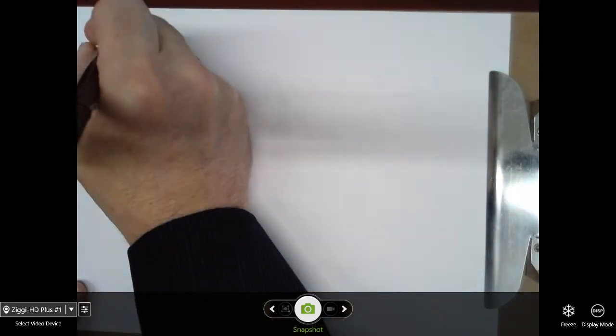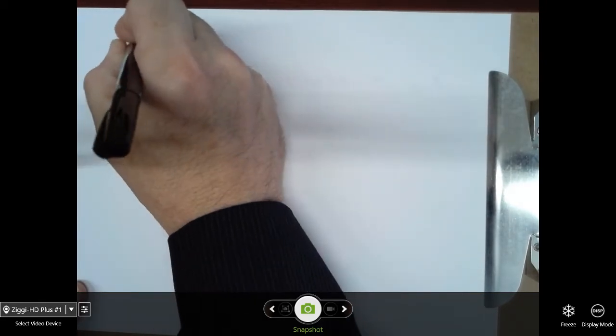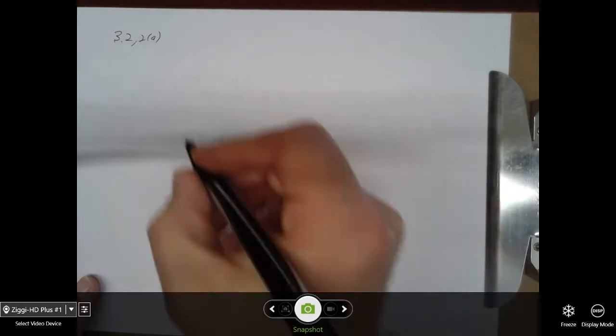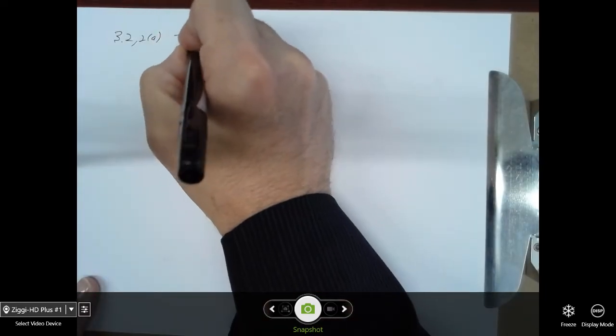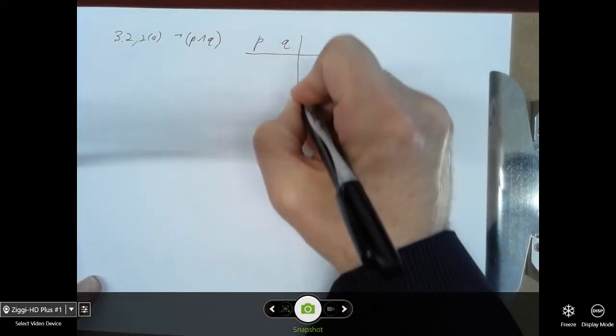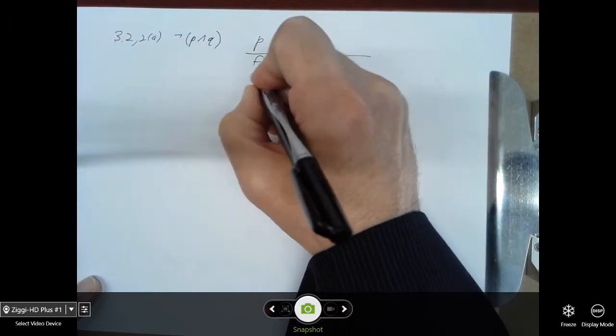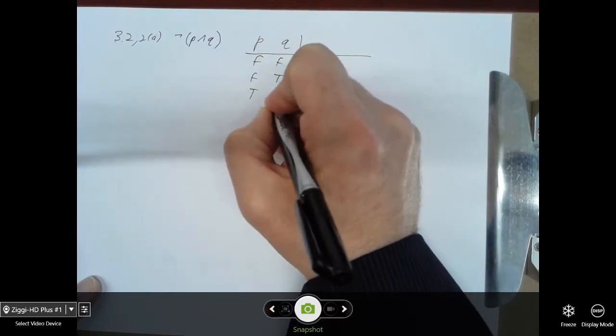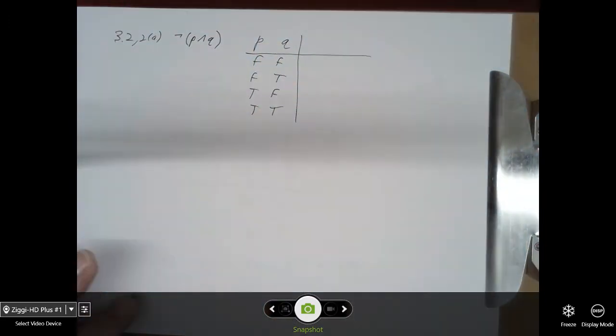So for example, 3.2 2a asked you to construct the truth table for the negation of P and Q. So P, Q, same exercise as in engineering 250. List all the possible combinations and then fill in the truth table. Do it in steps, right?